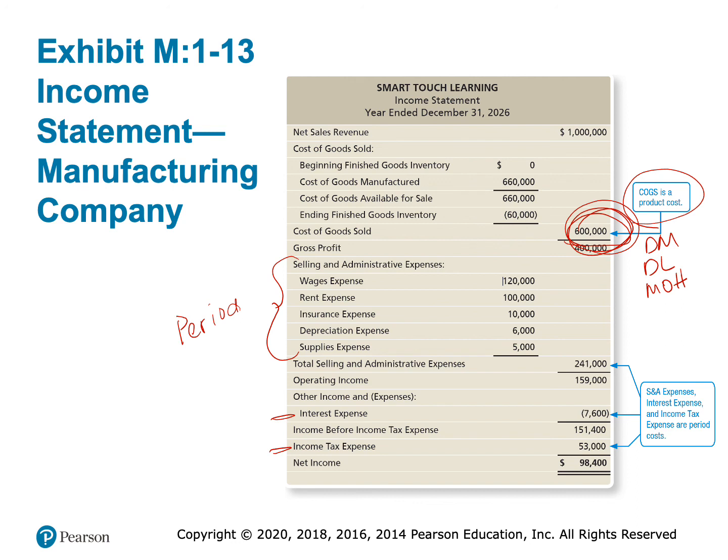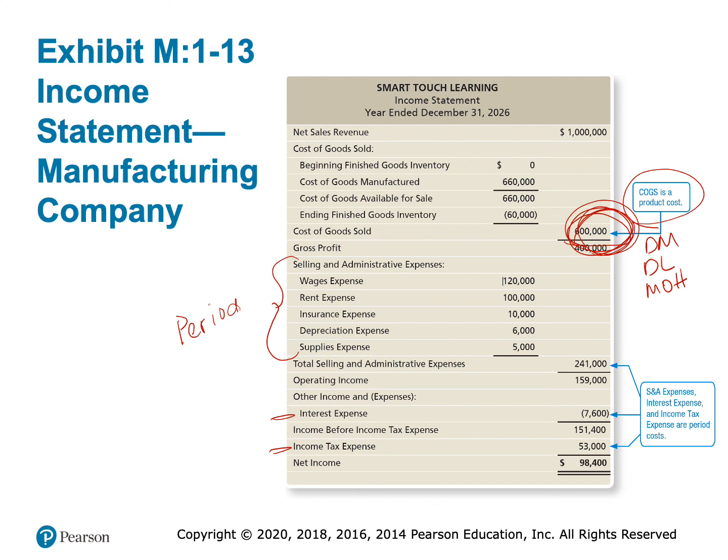When we see wages are $120,000, again, not entirely correct. That's just the wages on the administration and sales staff. That's not any wages paid to anybody that works in the factory. All the factory wages, whether they're direct or indirect, those all wound up here in cost of goods sold.